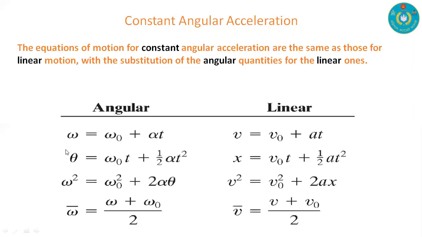We get the equations by comparing with linear quantities. Then we have omega is equal to omega naught plus alpha t, theta is equal to omega naught t plus half alpha t square, omega square is equal to omega naught square plus 2 alpha theta, and omega bar is equal to omega plus omega naught divided by 2. We can write these equations by comparing with linear quantities.